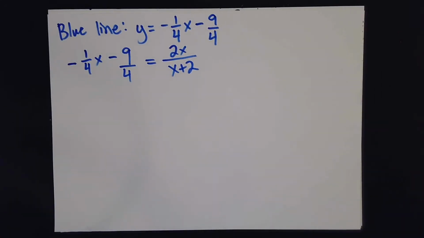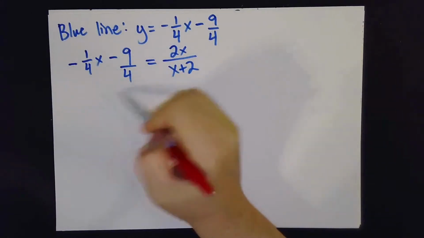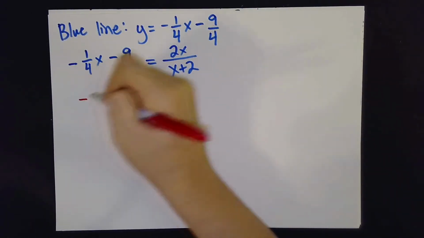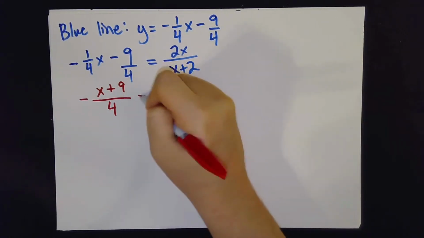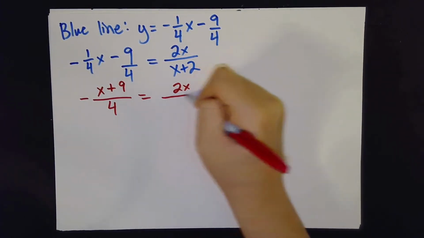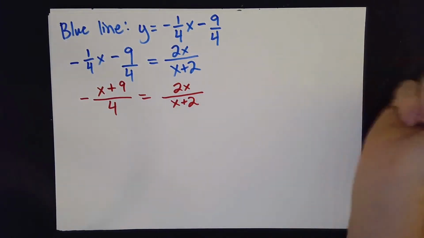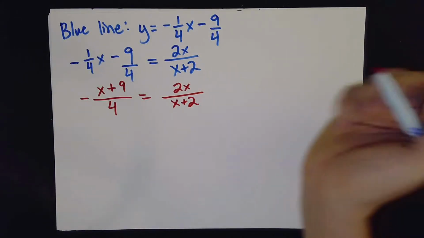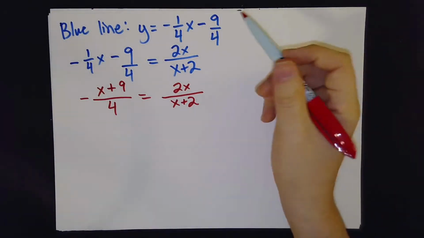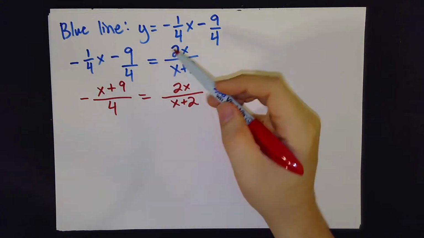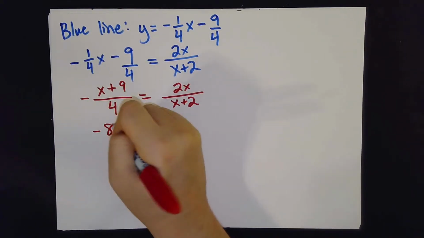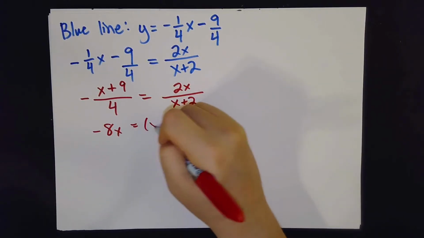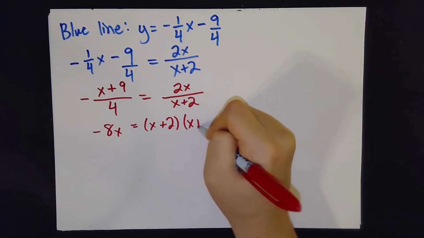To solve this equation, it's quite helpful if I rewrite this side as being minus x plus 9 over 4. And so then when I cross multiply, that will give me minus 8x equals x plus 2 times x plus 9.